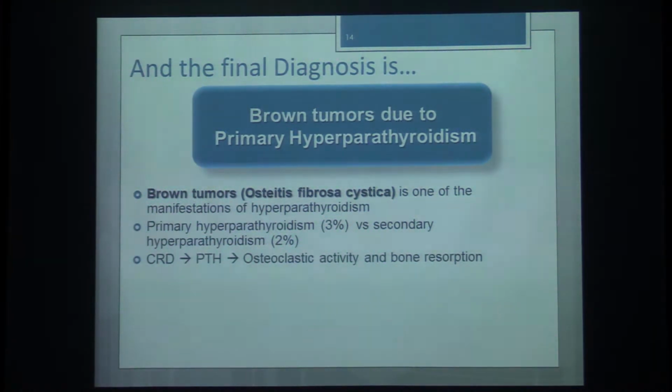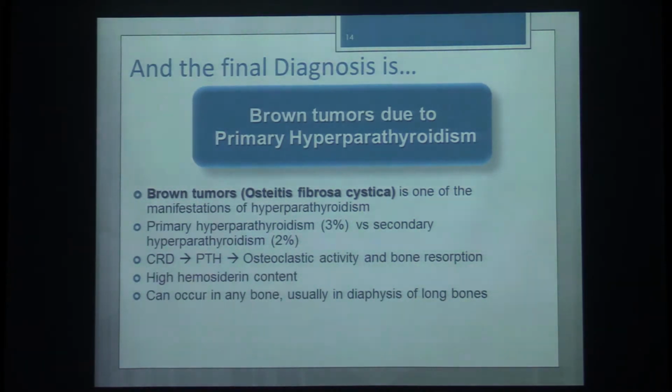Chronic renal disease is the main reason for secondary hyperparathyroidism. It causes parathyroid hormone secretion, which triggers osteoclastic activity and bone resorption. In areas where bone resorption is very rapid, these cystic spaces form. It is called brown tumor because it has high hemosiderin content.